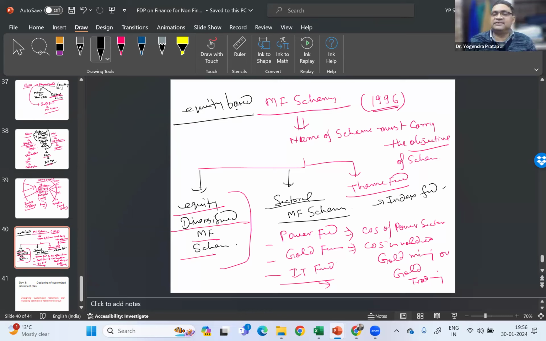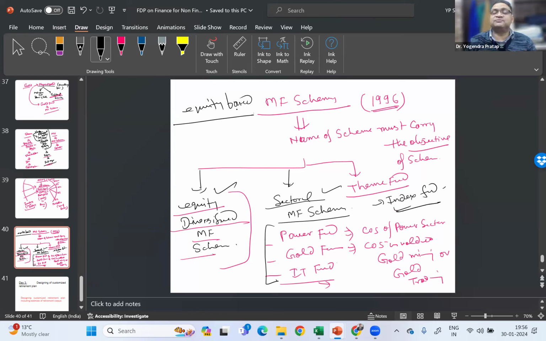And it could be debt-based, fixed income securities based mutual fund schemes like government securities or debentures and bonds, and it could be a balanced hybrid fund also. But I'm taking the example of the equity-based mutual fund scheme, and the first category is obviously equity diversified, then sectoral, then theme-based. Now see what is the difference. As I told you, sectoral means your fund manager will invest in the shares of companies belonging to that particular sector only.